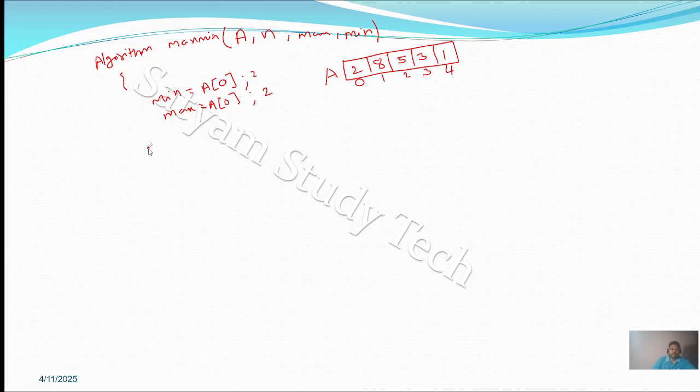Now for i equal to 1, that is the second element, you compare from the second element onwards, because the first element is assigned to min and max. So i equal to 1, i less than n, i plus plus.